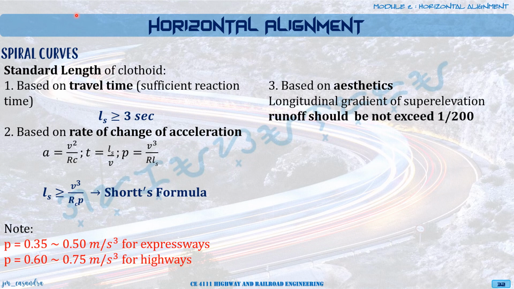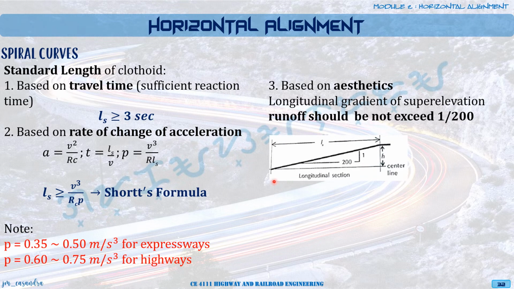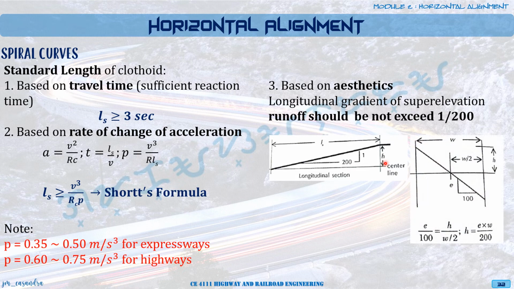For aesthetics, the longitudinal gradient of the superelevation, or the runoff, should not exceed the value of 1 over 200. Meaning the ratio of the superelevation should be based on this ratio. Given our road section, we have 200 to 1, Ls to h, and comparing this to the width of the roadway and h, we have this equation.